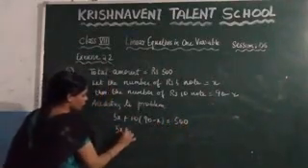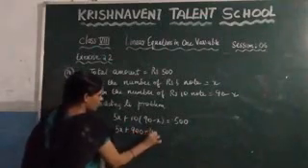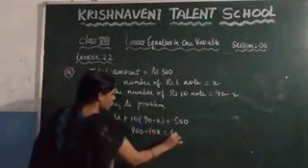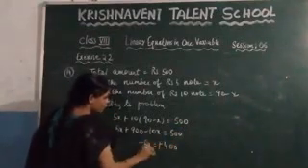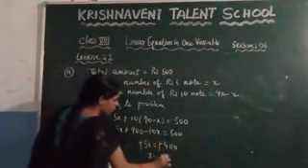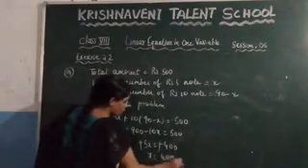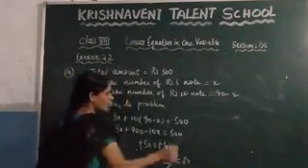Now here what you get? 900 minus 10x is equal to 500 minus 5x, which is equal to minus 400, and you are getting x is equal to 400 by 5, which is 80.